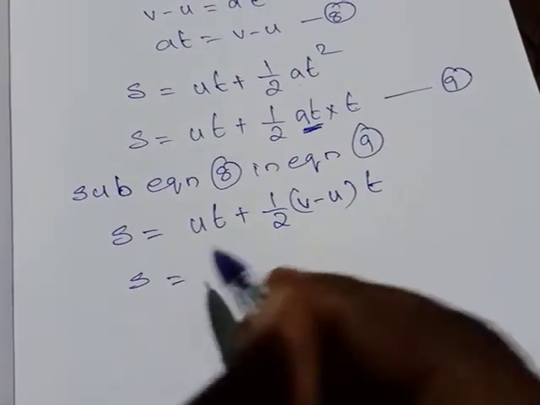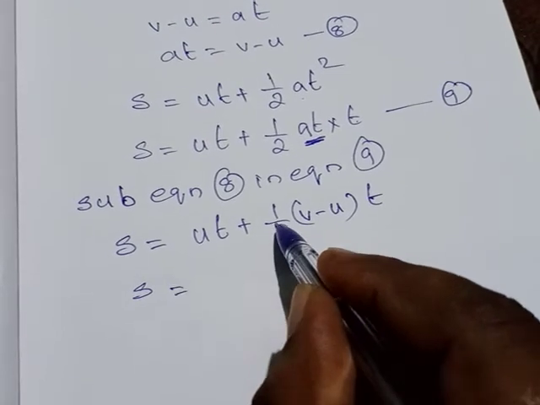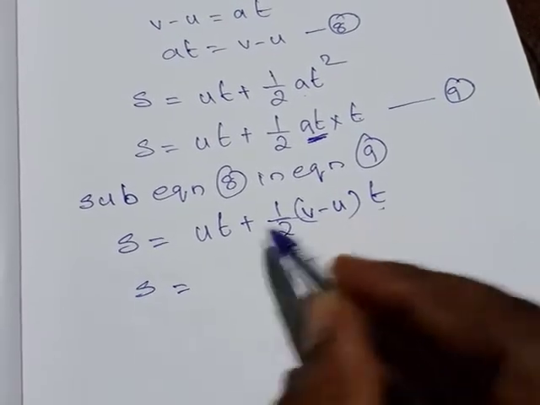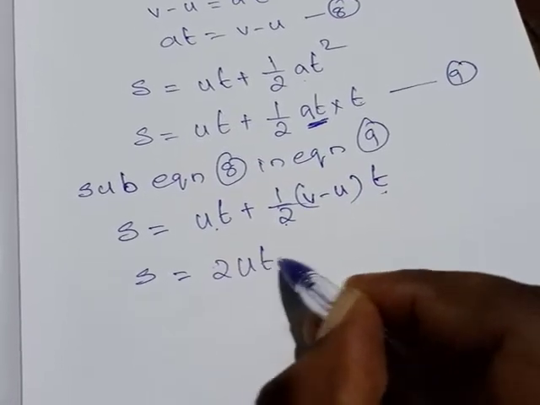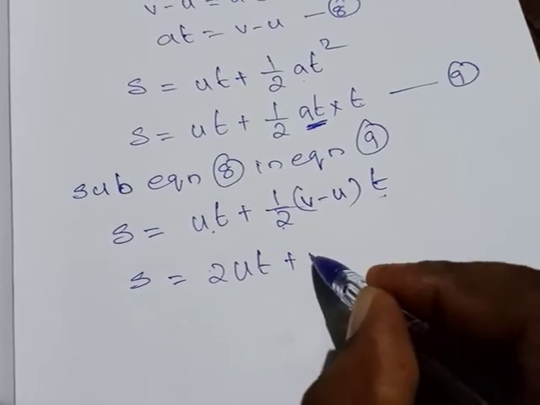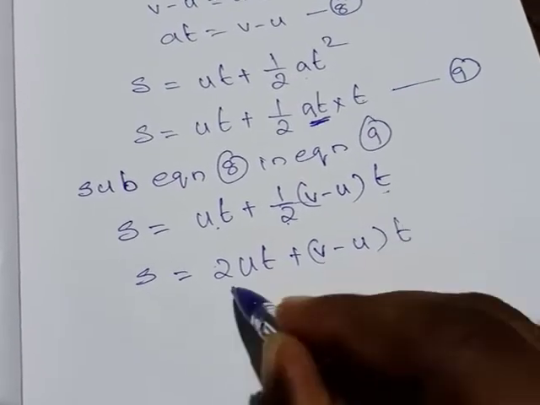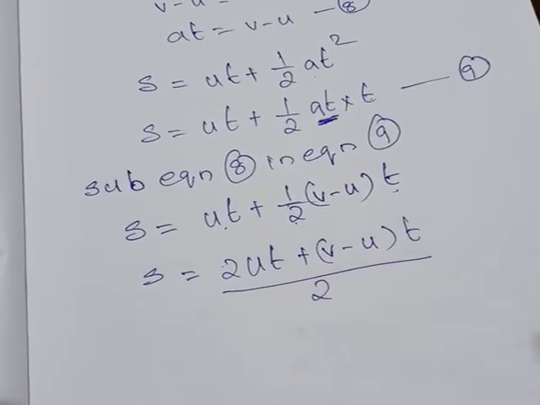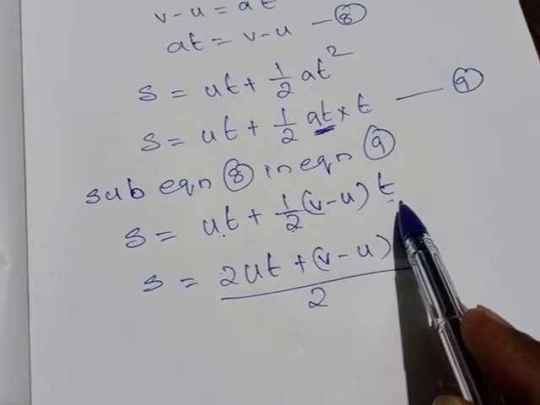So S is equal to, now this 2 is common here. So take here LCM. So 2 ut plus v minus u into t by 2. So I have taken LCM 2 commonly.